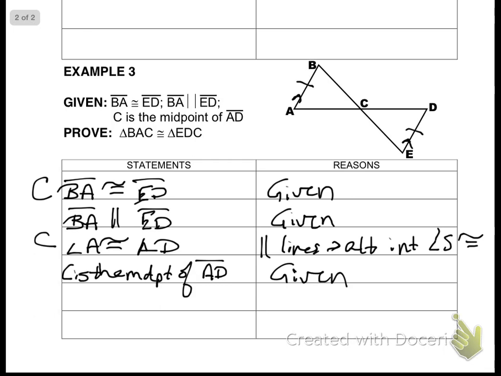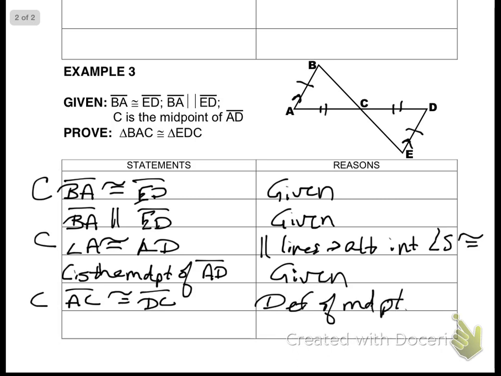If C is the midpoint, that means AC and CD are equal lengths. So now we have AC is congruent to DC, and that's the definition of a midpoint. And we were led to that by the givens.